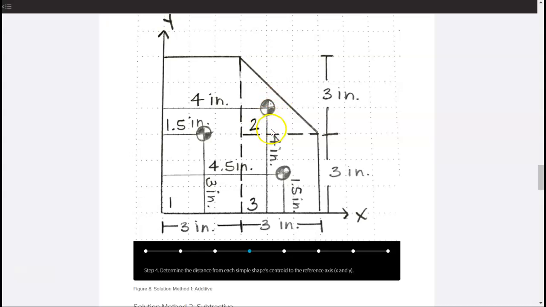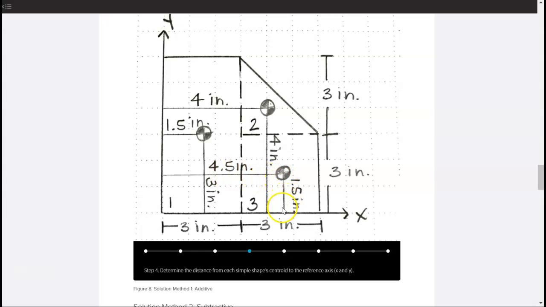And it is 1 inch right here, plus 3 inches this way. So you just have to pay attention to that and see where it came from. So 4 inches total. On the third one, it's right in the center. We know that it was 1.5 inches from the square that we were looking at, but it's another 3 inches here to the reference axis. So 3 plus 1.5, 4.5 inches.